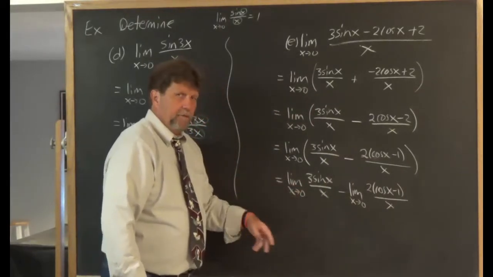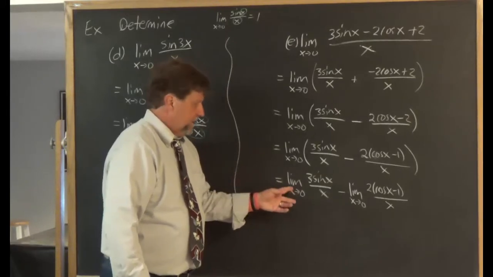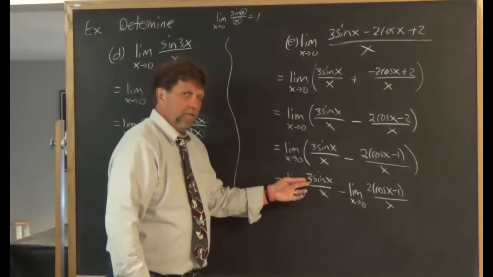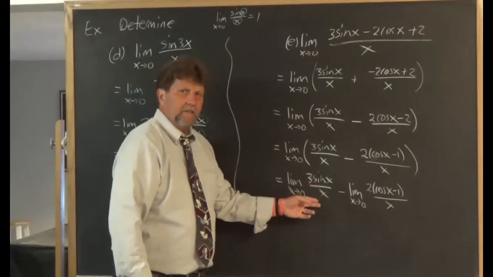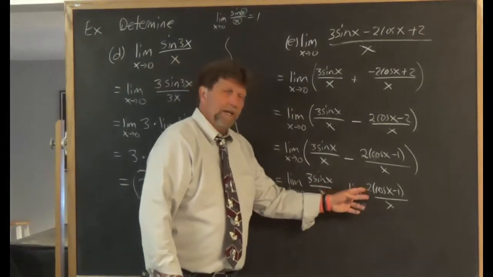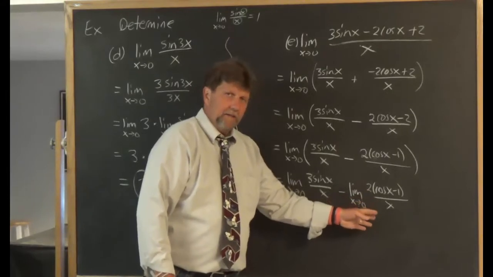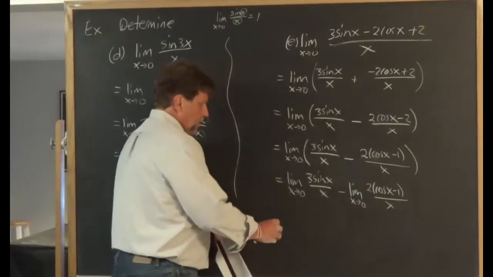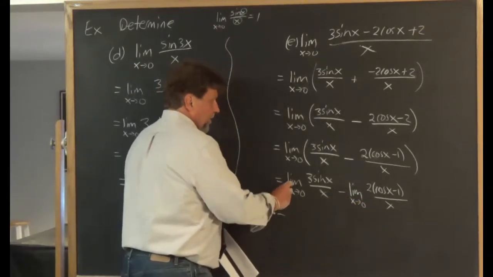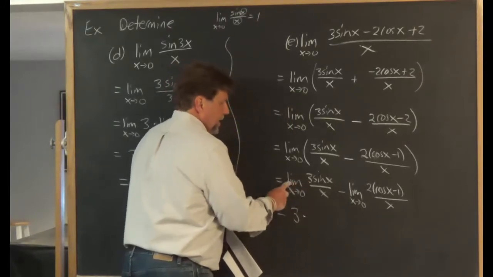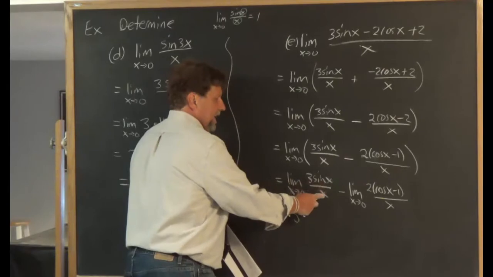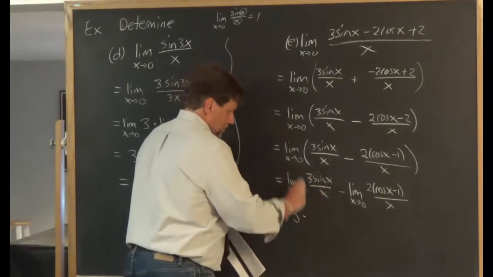I'm running out of room, so I'll just verbalize. This is the limit as x approaches 0 of 3 times the limit as x approaches 0 of sine x over x. Likewise here, I could write it as a product of 2 limits. But we know the limit as x approaches 0 of 3 is 3. The limit as x approaches 0 of sine x over x is 1.